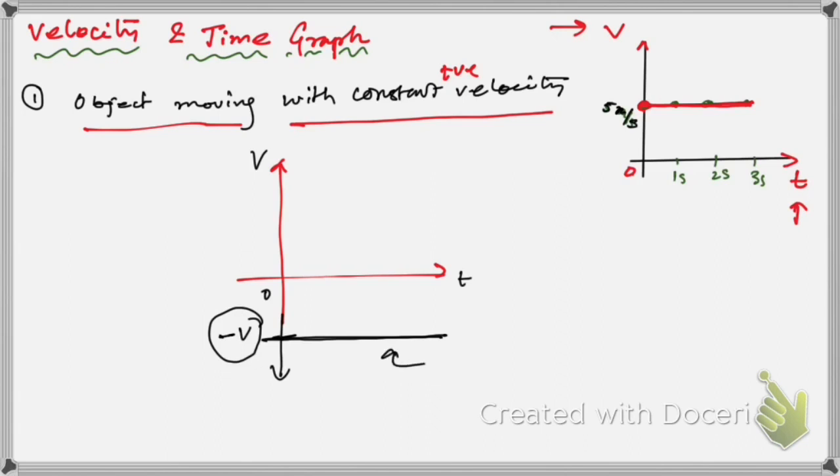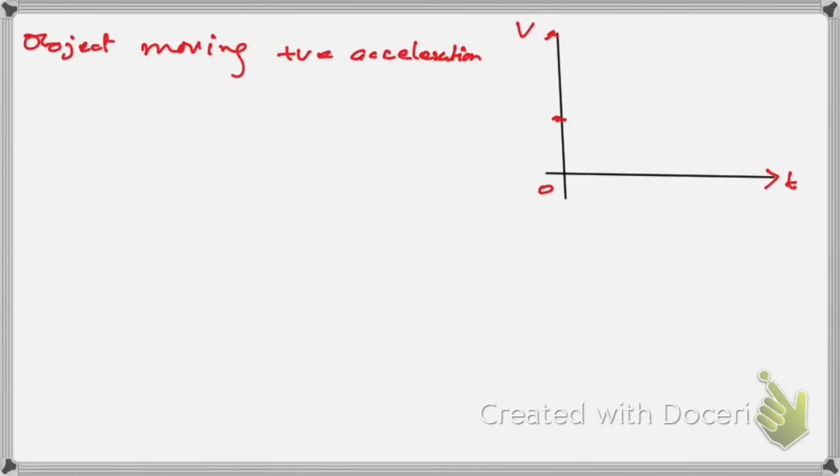Suppose this is the time axis, this is velocity v, and this is the origin O. Suppose an object is moving with a positive acceleration, then the velocity is going to be increasing uniformly, right?